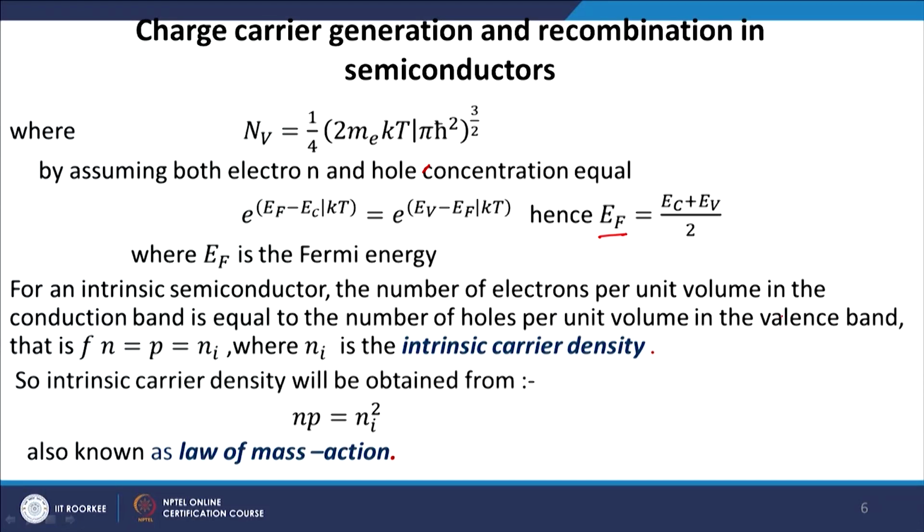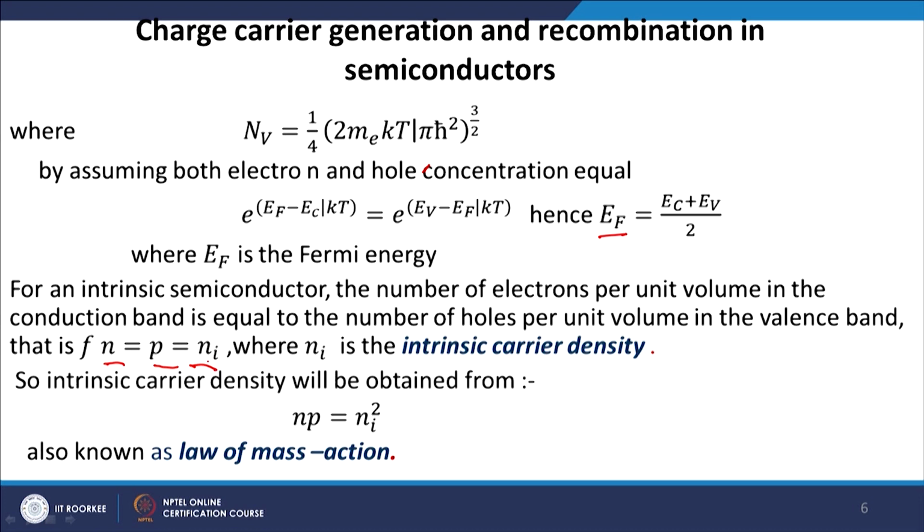For an intrinsic semiconductor, the number of electrons per unit volume in the conduction band is equal to the number of holes per unit volume in the valence band. That is, n is equal to p, and you can also write the number of electrons or holes in an intrinsic semiconductor as ni, where i stands for intrinsic.